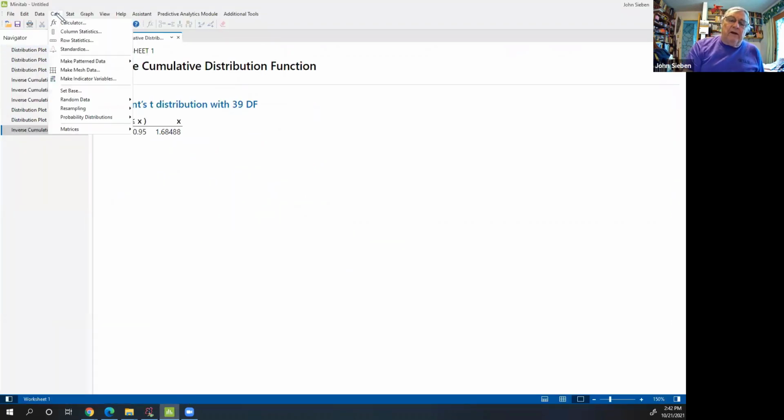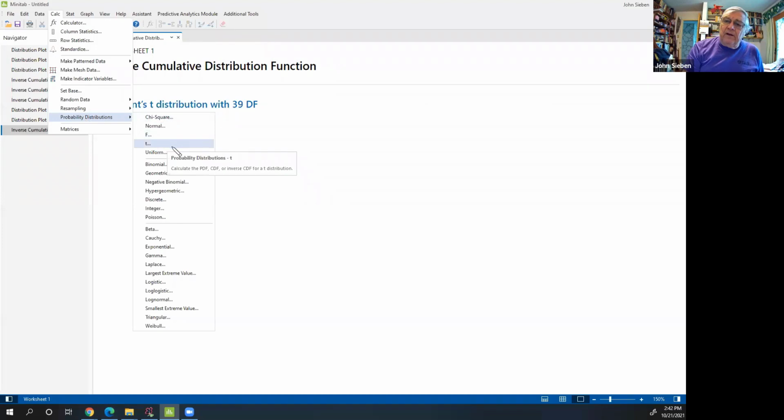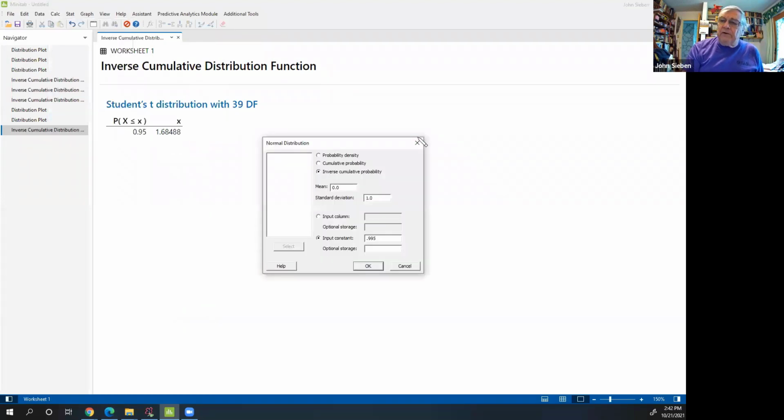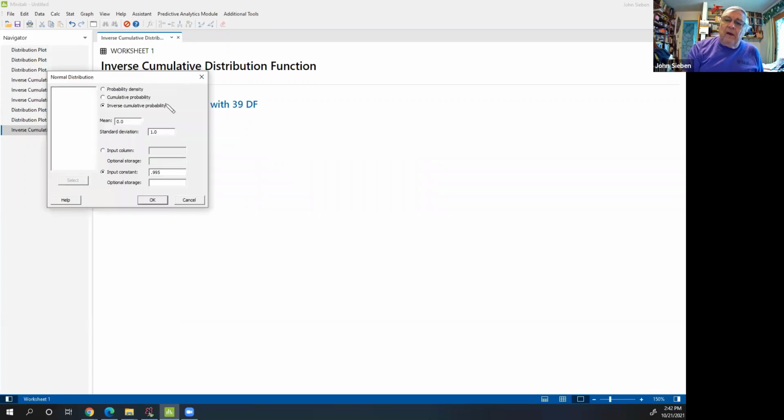We'll calculate with Minitab a probability distribution. Now we want a Z distribution, which is a kind of normal distribution. And we know the area, so this is going to be an inverse cumulative probability. So we've checked the right radio button. It's a Z, so the mean would be 0 and the standard deviation 1.